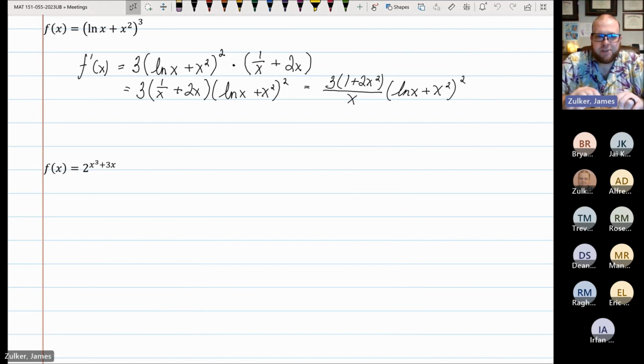Two raised to the x squared plus 3x. Or x cubed, I'm sorry, it's x cubed plus 3x.